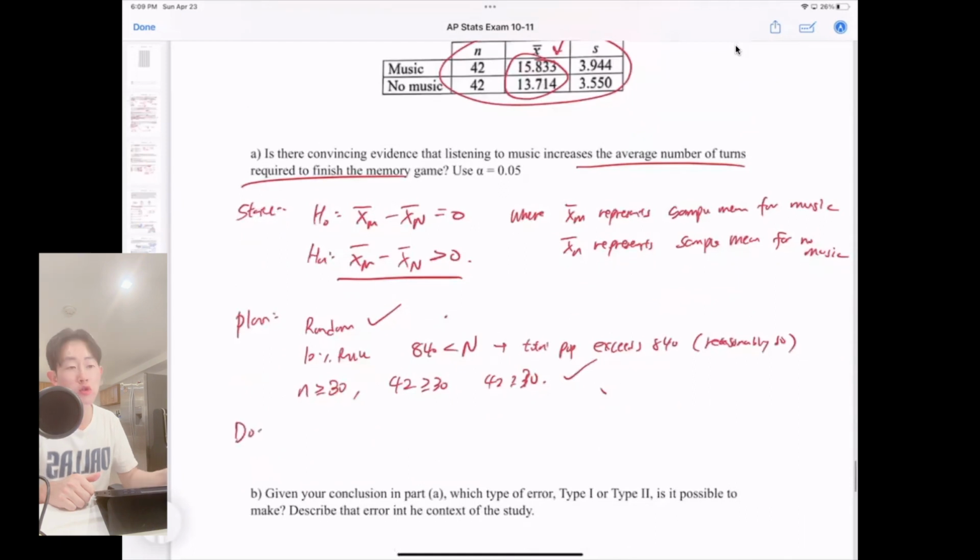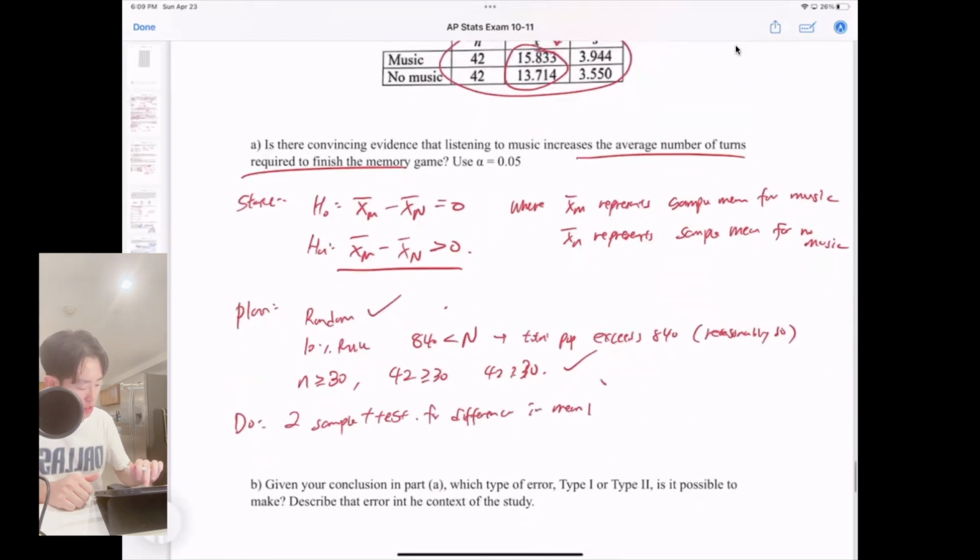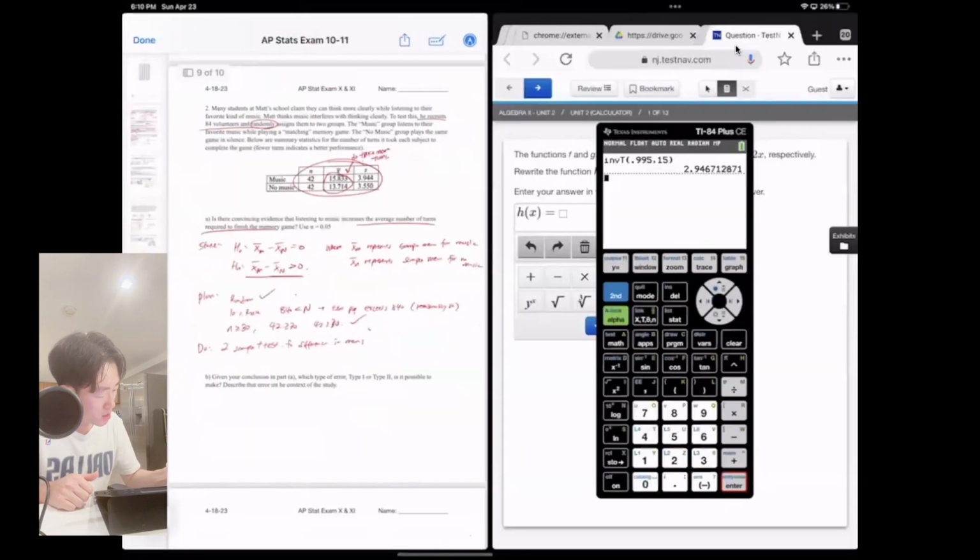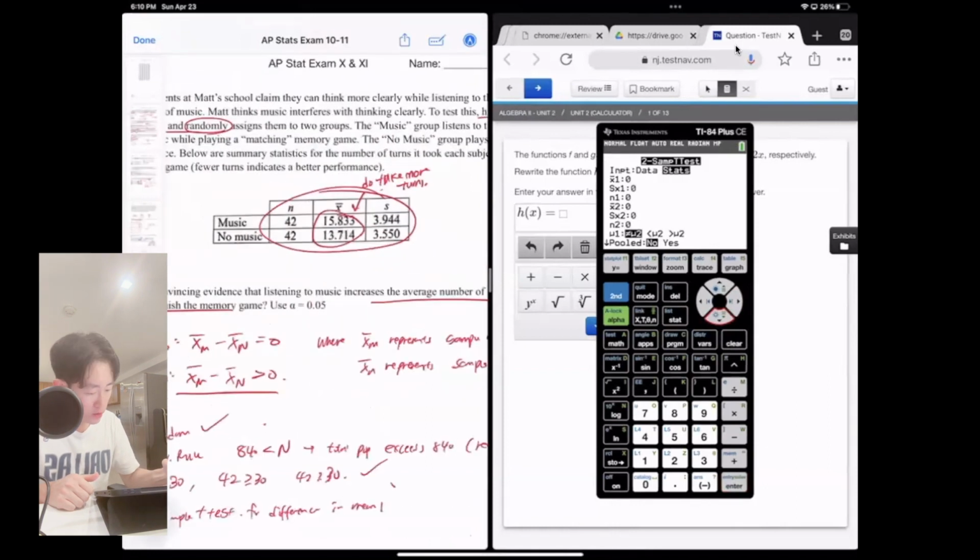All right, so now let's do the do portion here. For the do portion, we are constructing a 2-sample t-test for difference in means. So we're going to go to our calculator, stat tests, and then 2-sample t-test, which is right here. The mean of the first one, 15.833, standard deviation of 3.944, 42, 13.714, 3.550, the mean of 42.